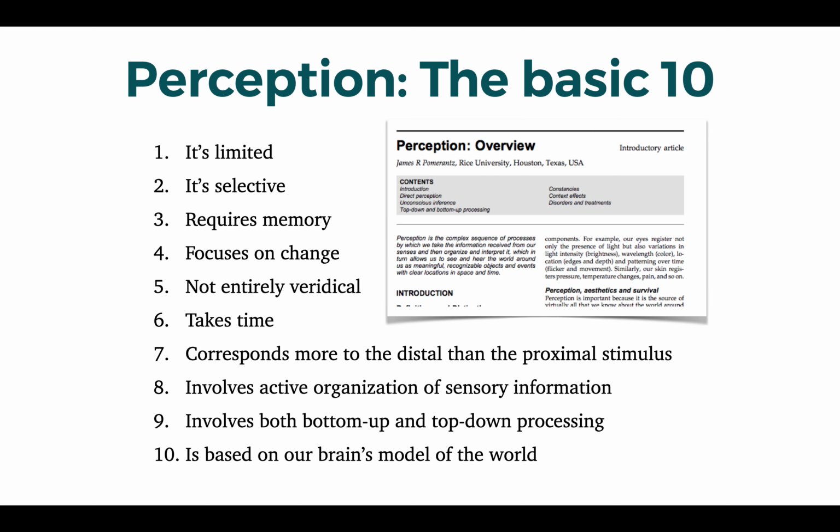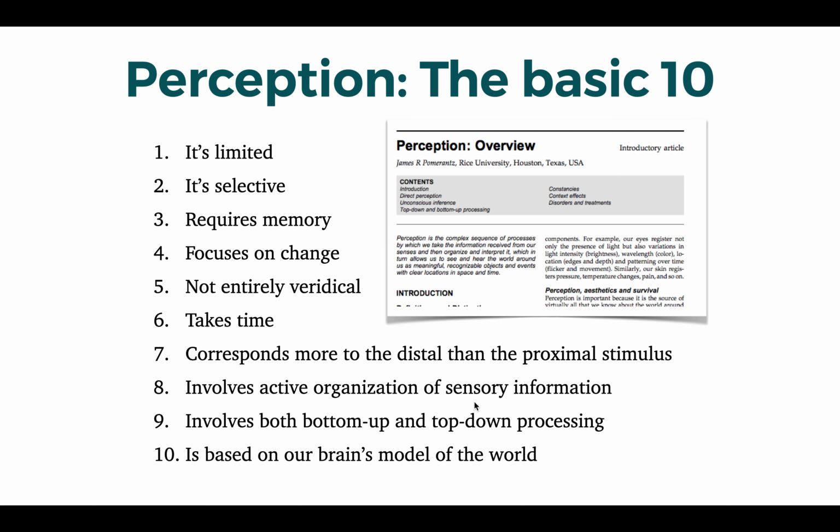So for example, we actively organize our sensory information, right? And because of this active organization, a lot of times our perception, most of the time, will correspond to what's in the environment, the collection of input coming from our environment, rather than the precise imprint that it's making on our retina, right? So we don't necessarily interpret the tables as being the same rectangular shape because we have a bunch of context clues.